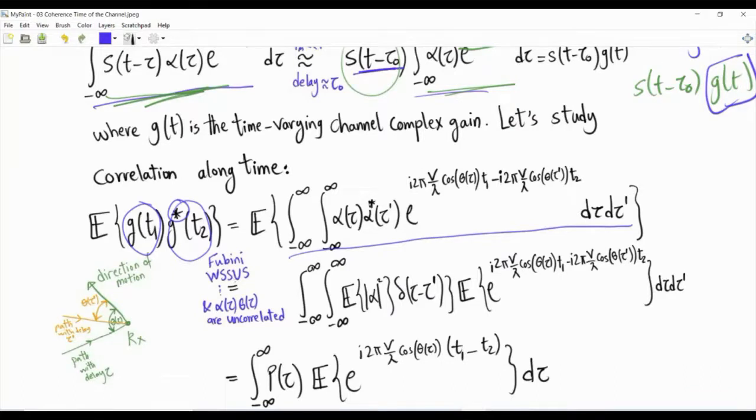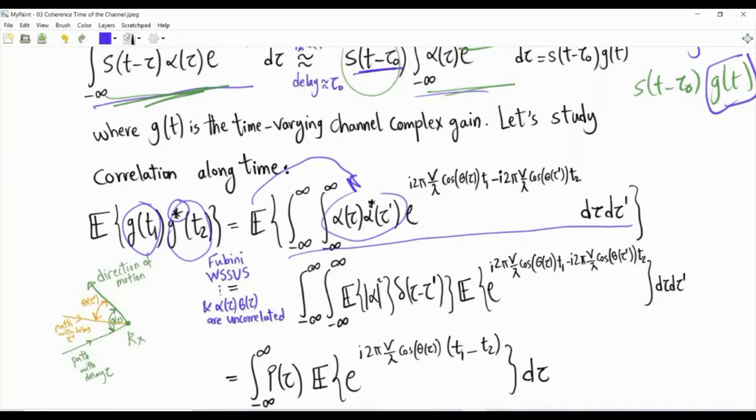Then using the previous assumptions, we can assume that the multipath intensity profile function is integrable, and so we can apply Fubini to justify taking the expectation inside. You can also use the wide sense stationary uncorrelated scattering assumption, so that you can write down the expectation of this product as B of tau multiplied by a Dirac delta. The Dirac delta is so nice here because it will reduce your double integral into a single integral.